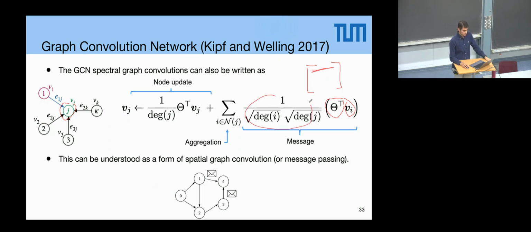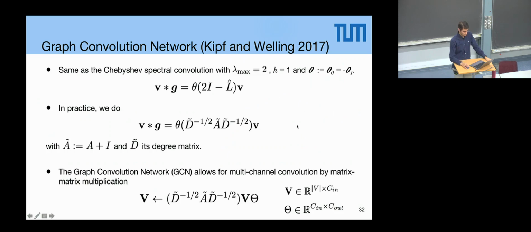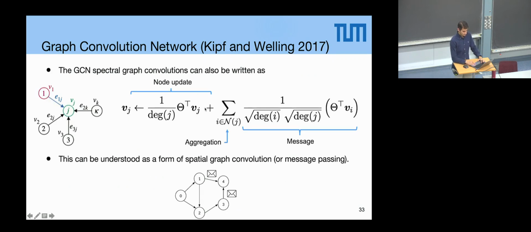Then we apply this normalization. Then we compute the summation of those results over the whole neighborhood, and then we compute the same for the central node. It is the same operation here and the same normalization, and we add that result.